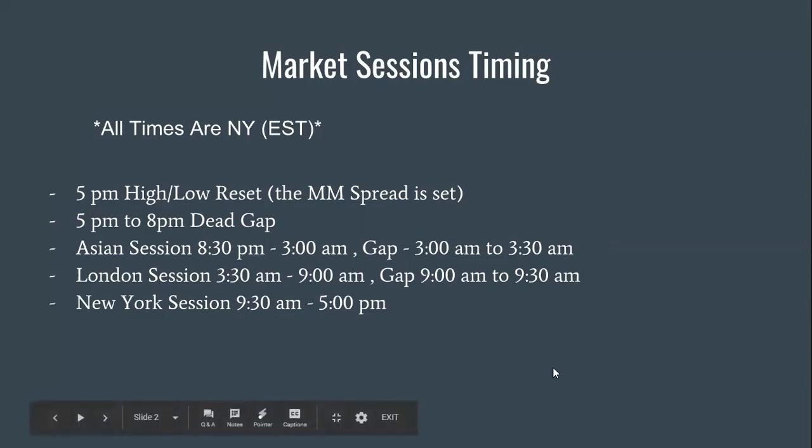London session is 3:30 a.m. to 9 a.m. Gap time is 9 to 9:30. With this strategy, London session and New York session are going to be the most important, and this is where we are going to be stalking the charts like a hawk and waiting for them to create the stop hunt for us to enter the trade.